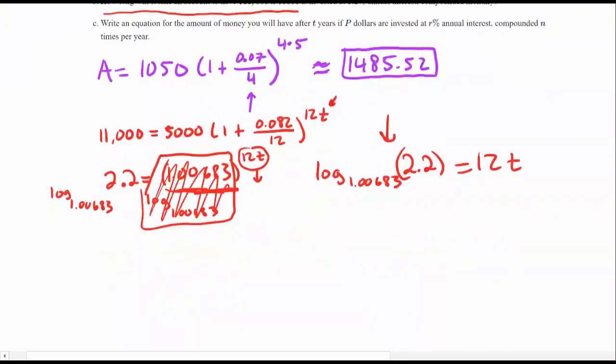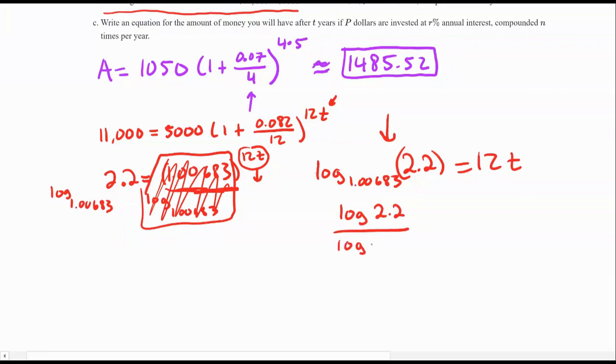If it doesn't, we have this change of base formula, where we can take the log base 10 of 2.2, which we can definitely do in a calculator, and divide that by log base 10 of 1.00683. So this we can for sure do in even a scientific calculator.